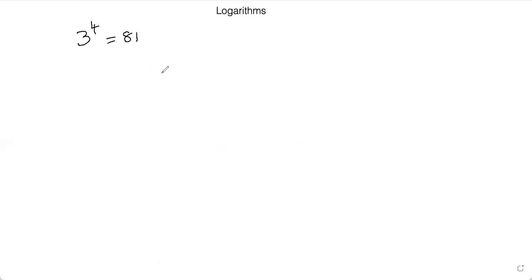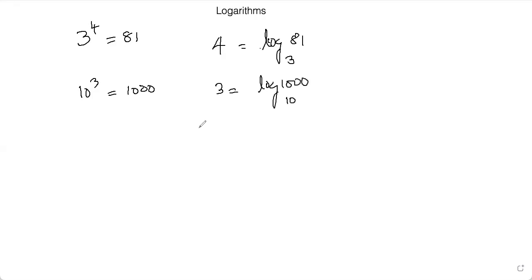So 4 is equal to log 81 to the base 3, and 10 cube is 1000, we know that, and 3 is equal to log 1000 to the base 10, and square root of 2 to the power 10 is 32, and 10 will be equal to log 32 to the base root 2.